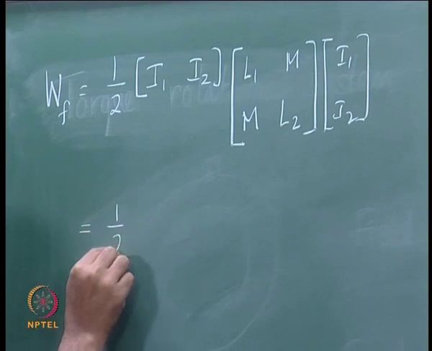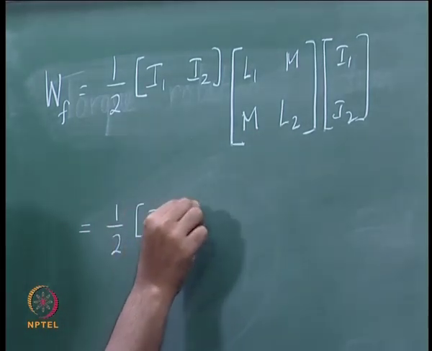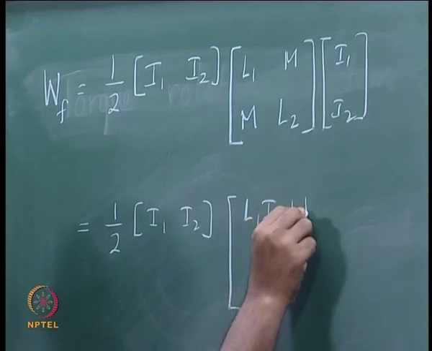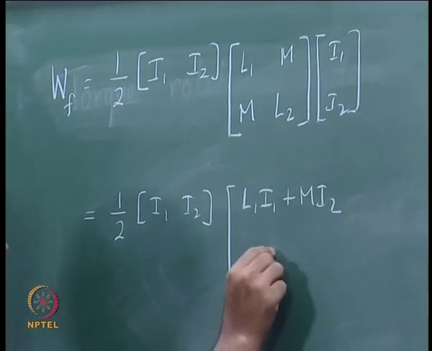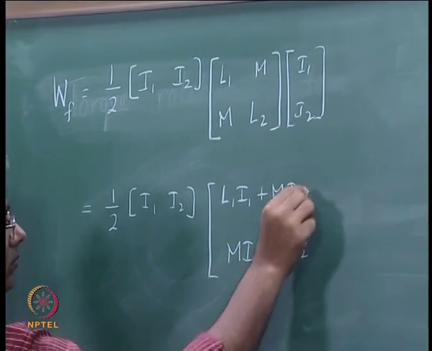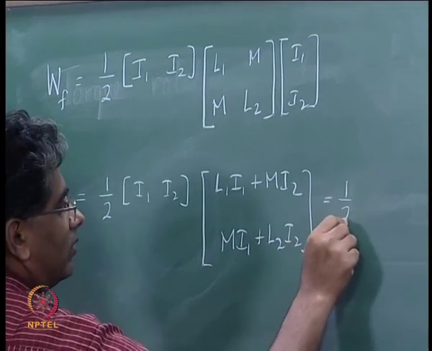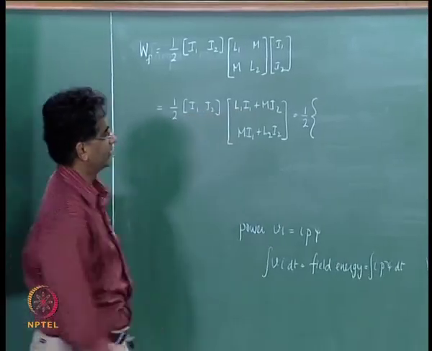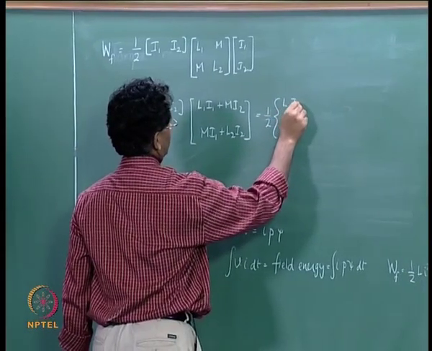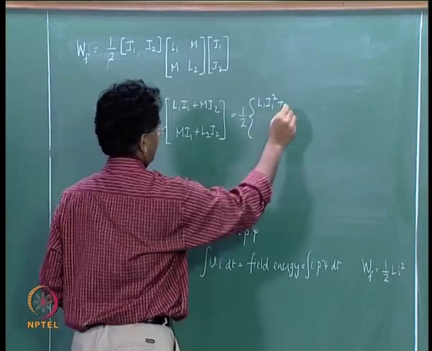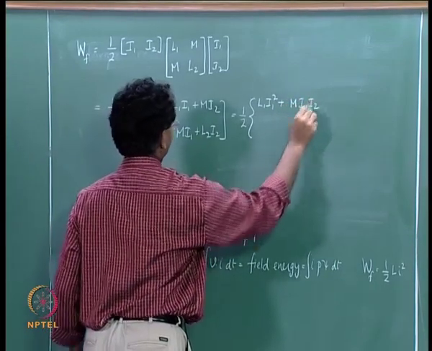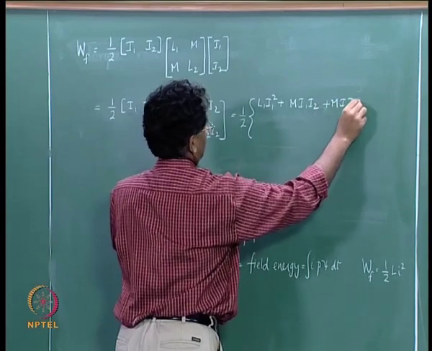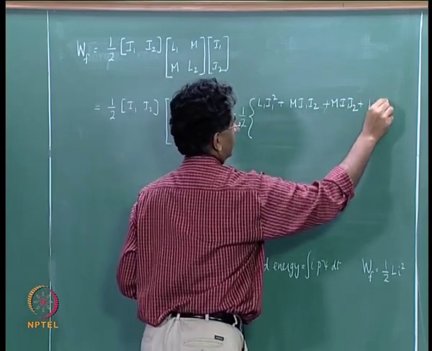So, this can be simplified as half of I1 I2, and this evaluates to L1 I1 plus M I2, and M I1 plus L2 I2, and this simplifies to half of I1 into L1 I1 plus M I2, that gives us L1 I1 square plus M I1 I2 plus M I1 I2 plus L2 I2 square.